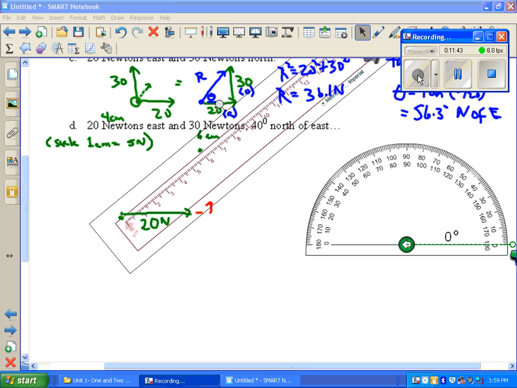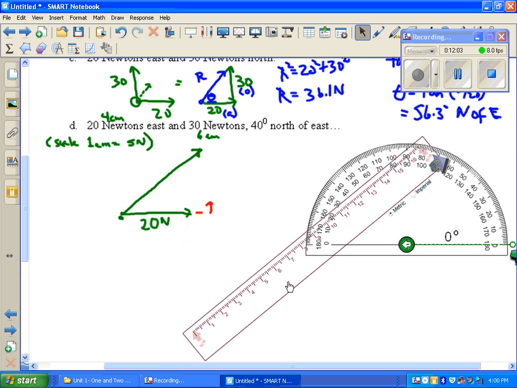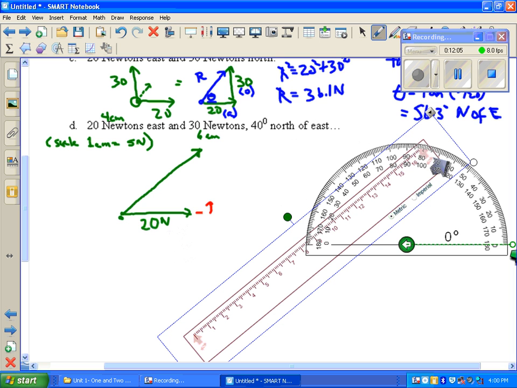And then I manipulate my ruler, and now I'm right along from the origin to that dot I marked for 40 degrees. I draw it 6 centimeters long. I'm going to label that one 30 newtons. And this was 40 degrees.